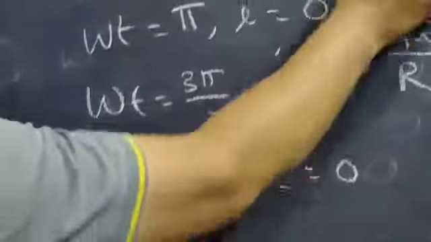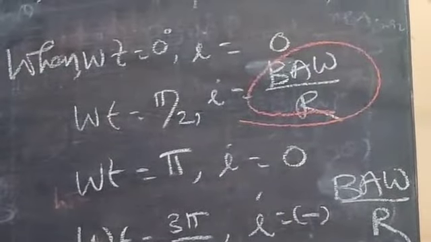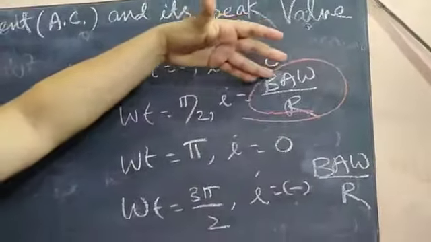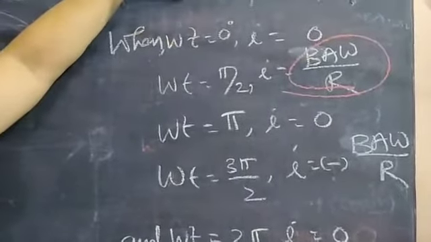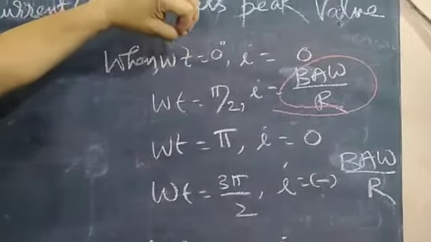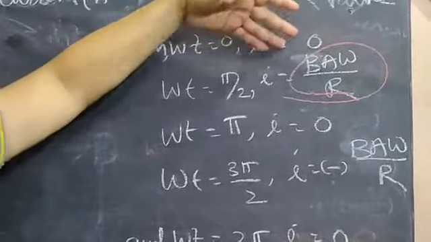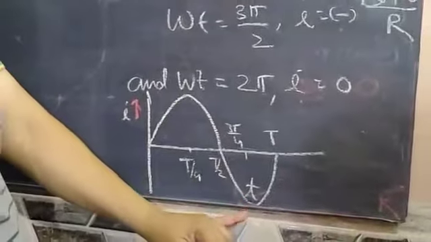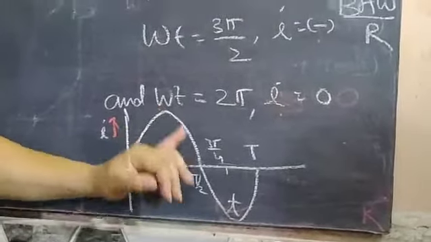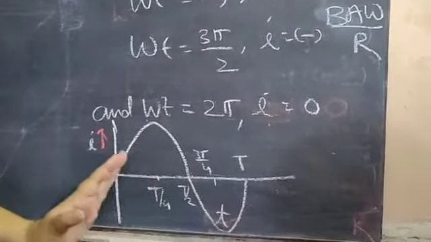This peak value of current is B A omega upon R, and if we take N number of turns in the coil, then the peak value of current will be N B A omega upon R. So this is the peak value of current, and it will have a constant amplitude throughout.